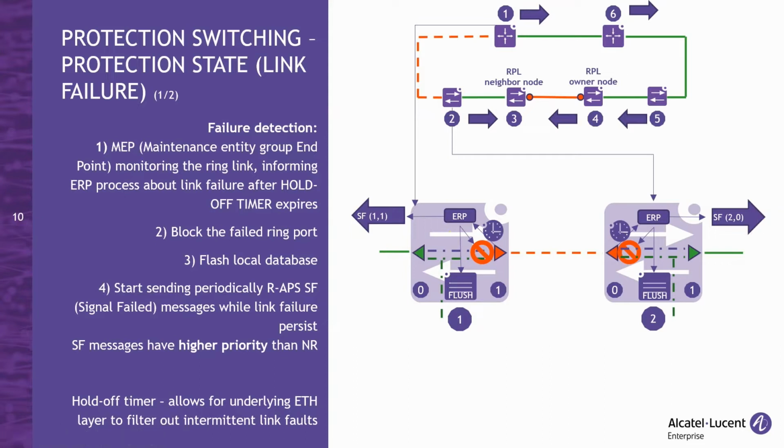SF messages have higher ERP process related priority than NR messages already sent by RPL node, RPL owner node, informing ring nodes to act upon SF messages rather than NR messages during the time both messages are sent across the ring.